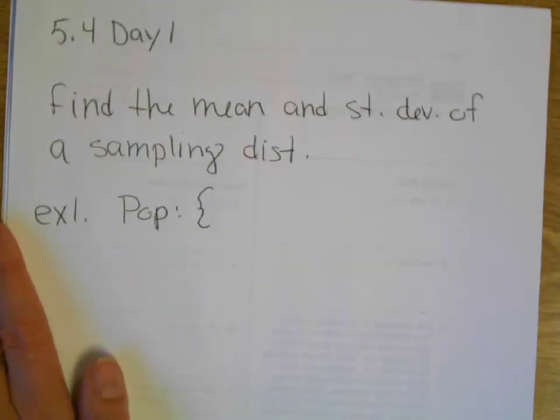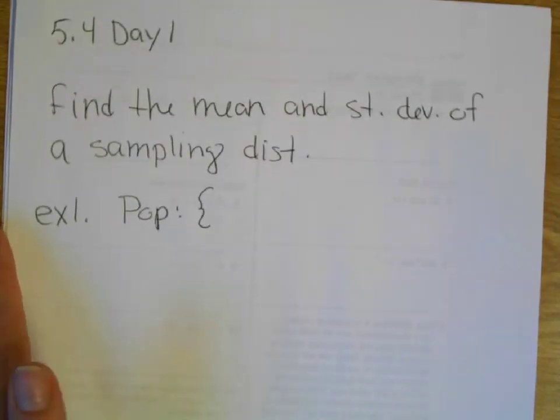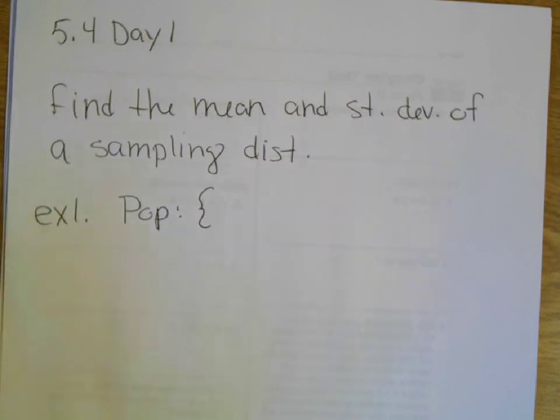It's kind of like a little theorem discovery here in this first example. You're going to find the relationship between a population mean and standard deviation and what we call a sampling distribution, the mean and standard deviation. There's a direct connection between the two.